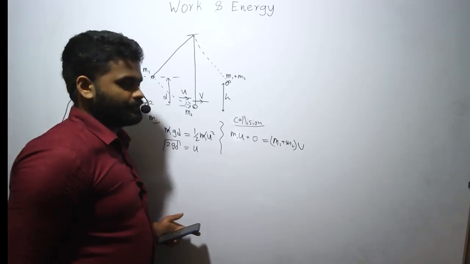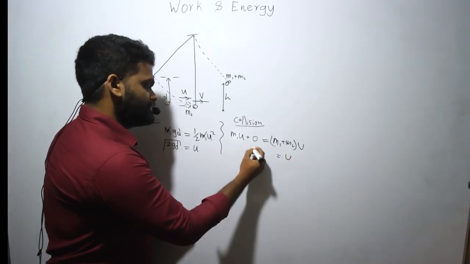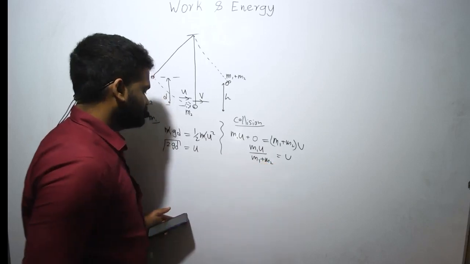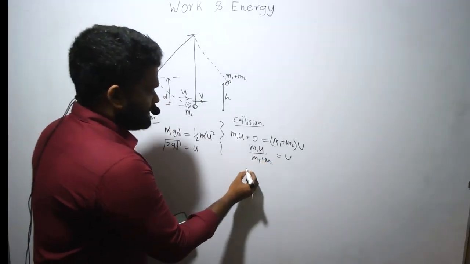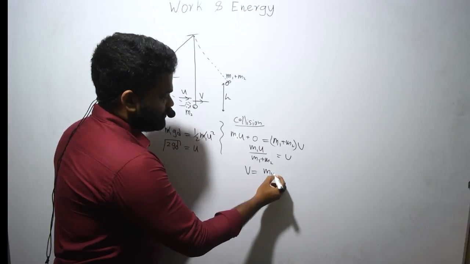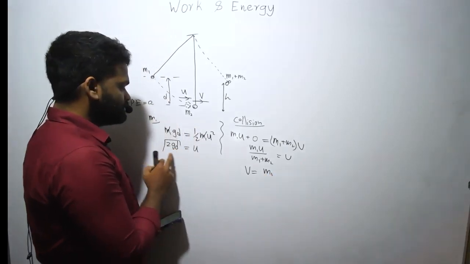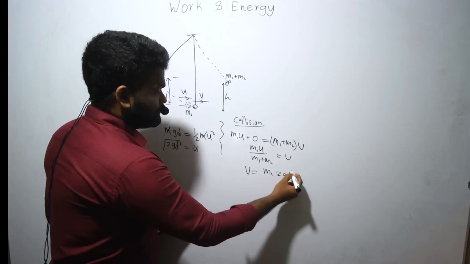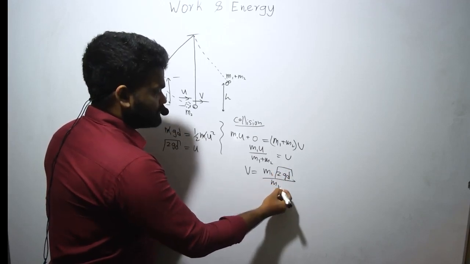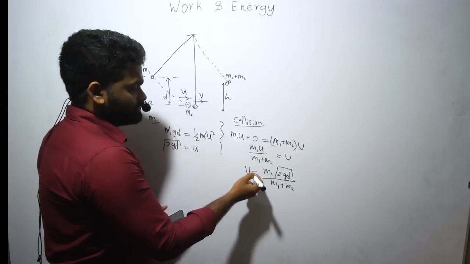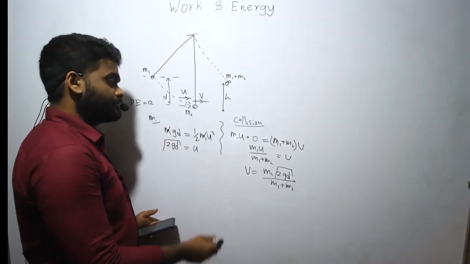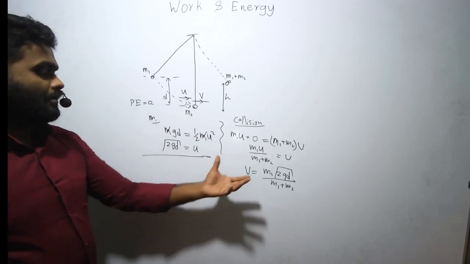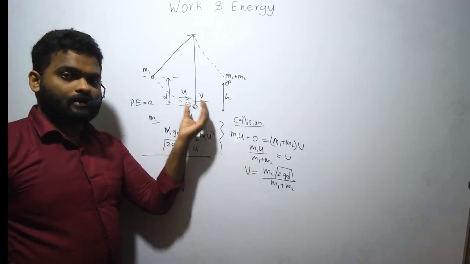So m1 u equals m1 plus m2 times v. Then v is equal to m1 u divided by m1 plus m2. Instead of u, you can use the root of 2gd, because we have to make this in terms of the given terms. So we just applied that to the collision.